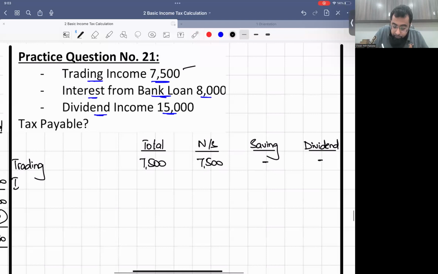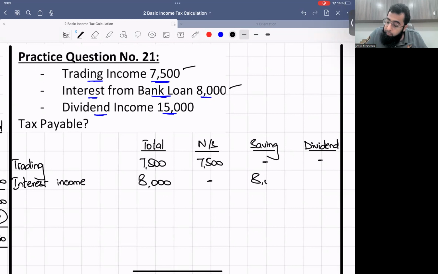Interest income. The interest income is 8,000. Goes in the column of saving. Okay? And then the last is dividend income. 15,000 goes in the column of dividend.